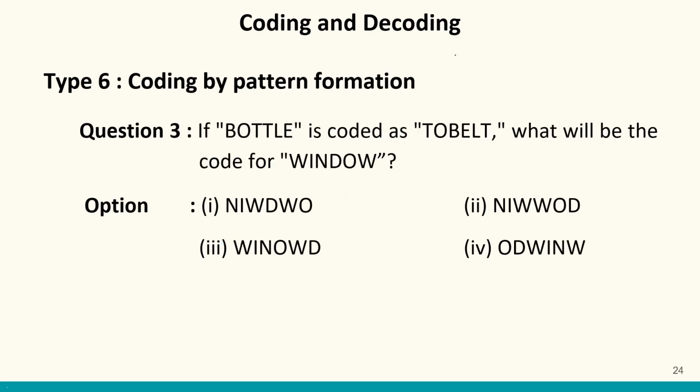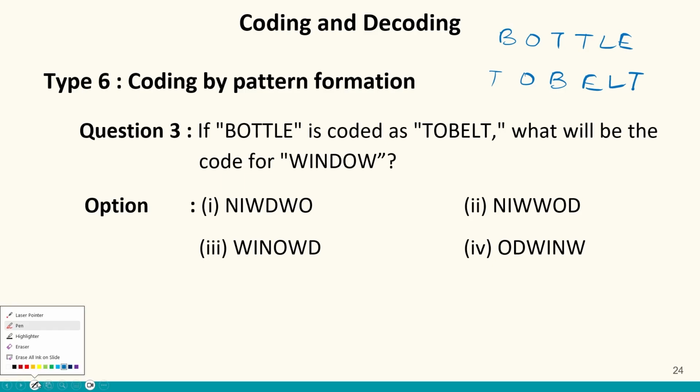Now, bottle is coded as this. Okay. So here, if I divide them from here, I can see this is written in reverse alphabet order. This word is T. And this also is written in reverse alphabet order.